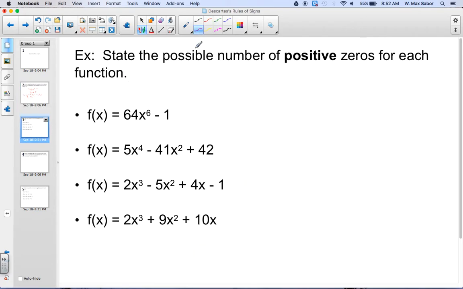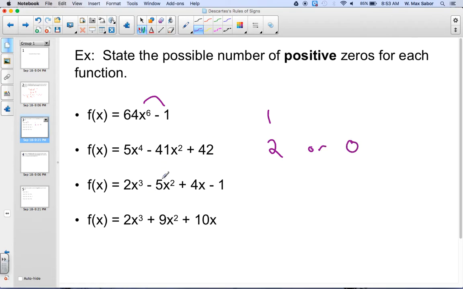So how many positive zeros do each of these have? This has 1 sign change, positive to negative. So that's 1. How many does this have? This is going from positive to negative once, and this is going from negative to positive, so that's 2, or it could have 0.